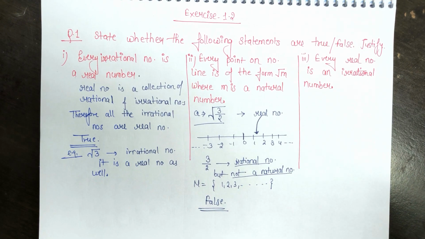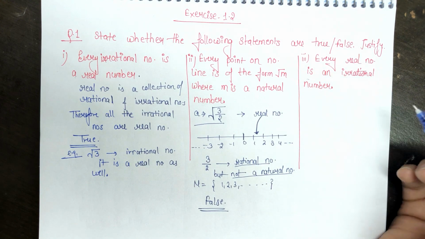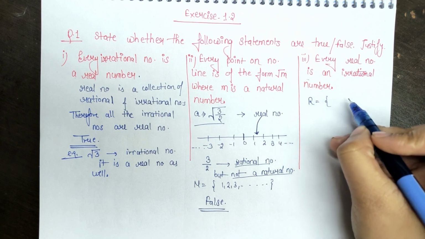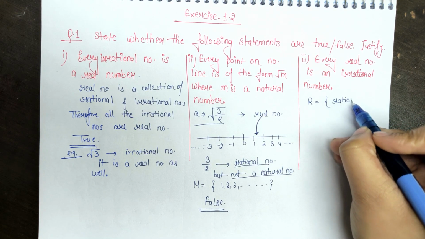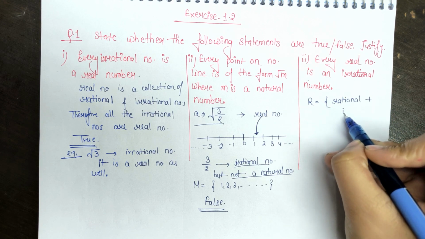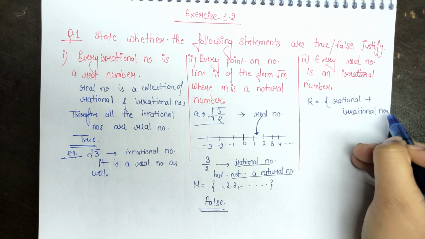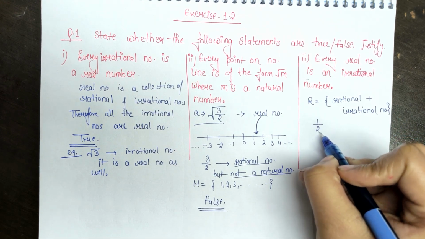Now let's look into the third statement, that is: every real number is an irrational number. Okay, so when we see, the real numbers are all the rational plus irrational numbers, है ना? Irrational numbers. So suppose 1 by 2. Let's take an example.